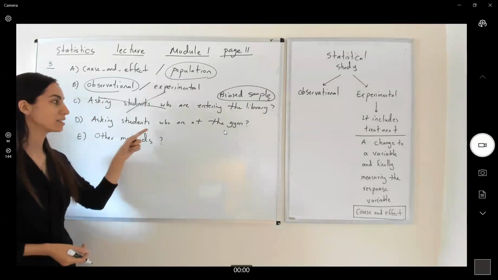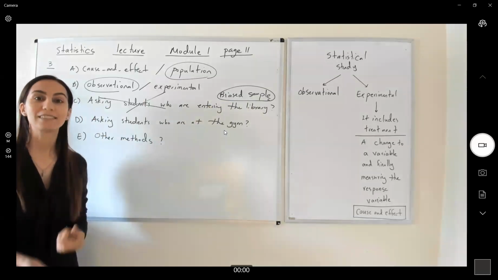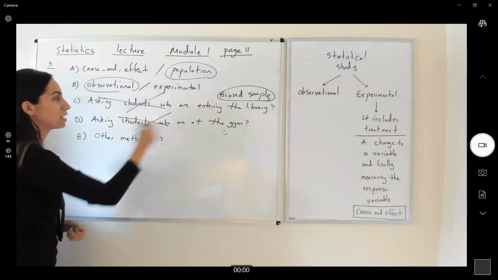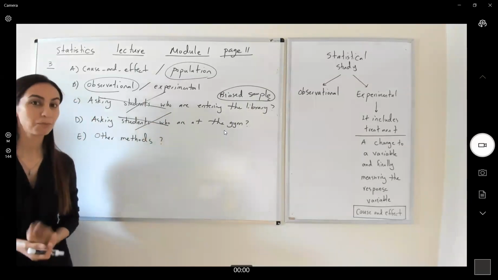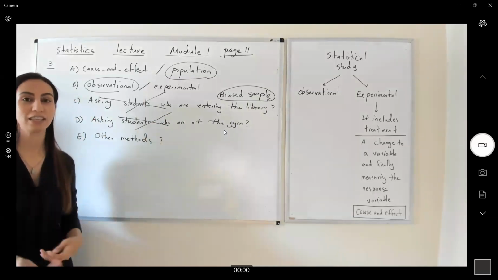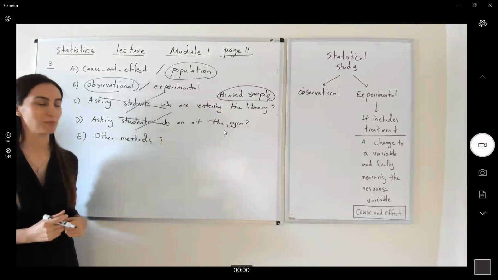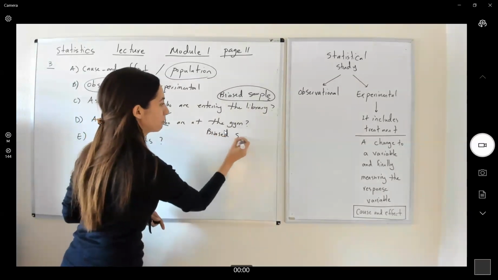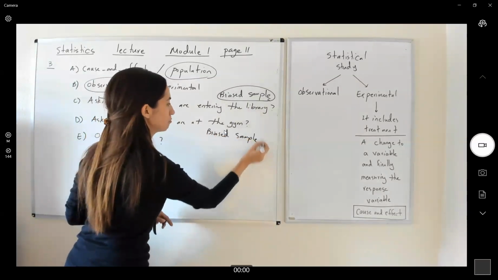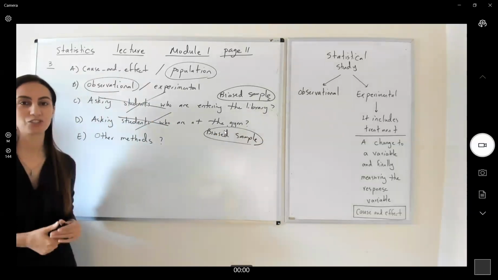Again, this is another method that causes a biased sample. So this method, even though it's better than the method in part C, since it's convenient for me as a statistician, this is not a good method. Biased sample. So what other methods do you suggest?